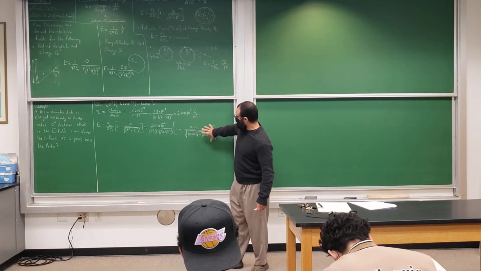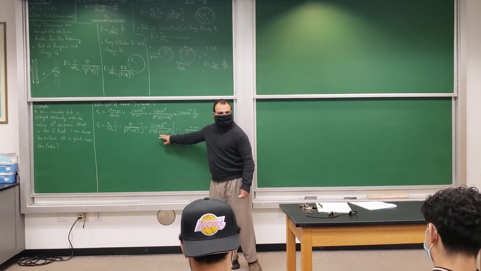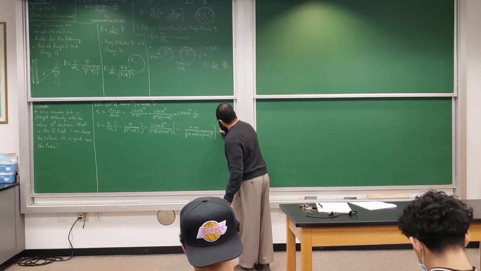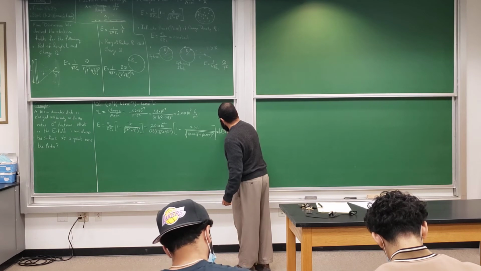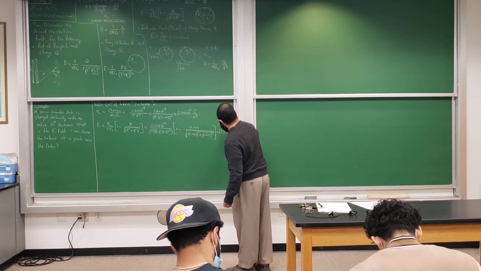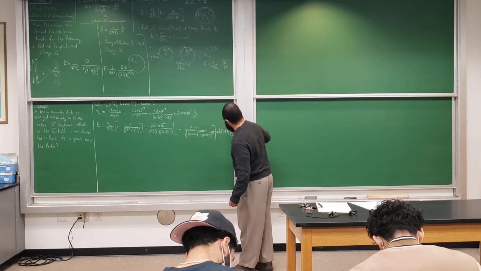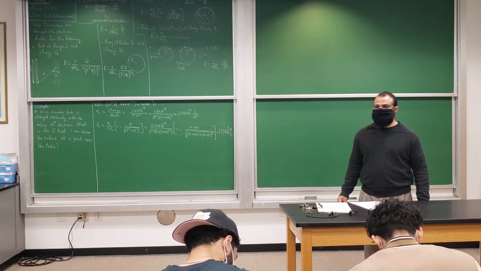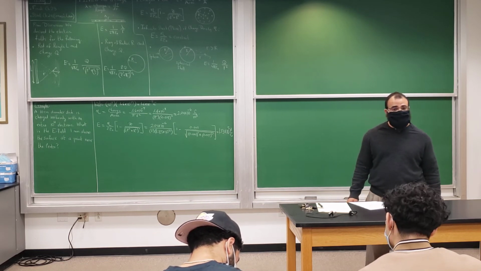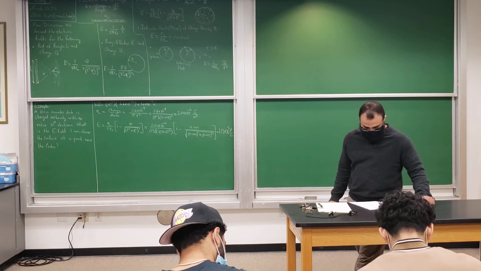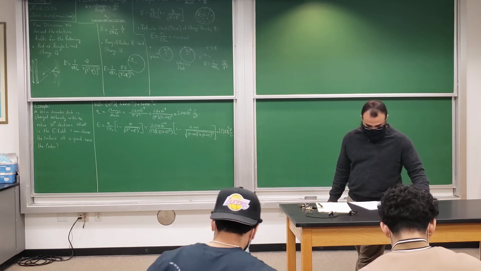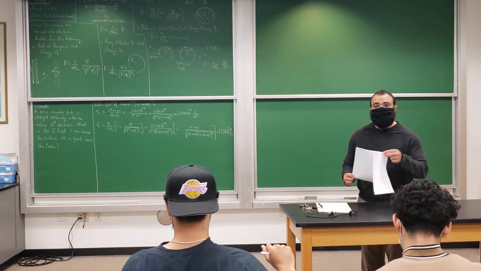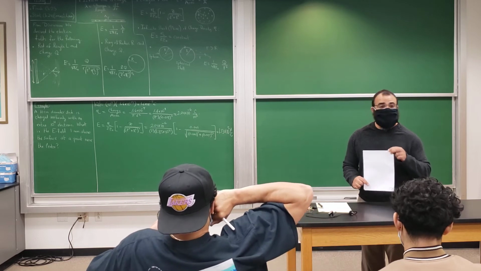So I would write down 1.13 times 10 to the 5th newtons per coulomb. That's the electric field. All right. Does that sound right? Okay.